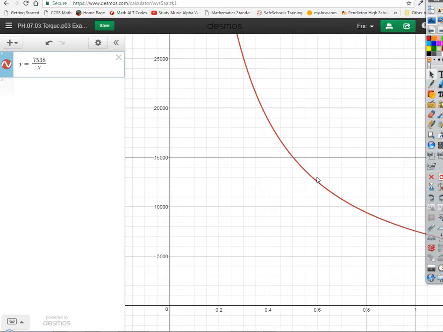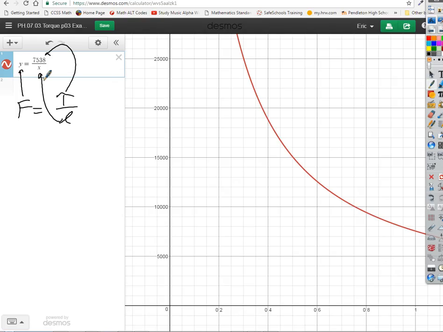Because remember, we have the equation: force just equals torque divided by lever arm. So force is Y. That's my constant torque that my truck can provide. And I'm going to experiment and see what happens when I change the radius of my tires.